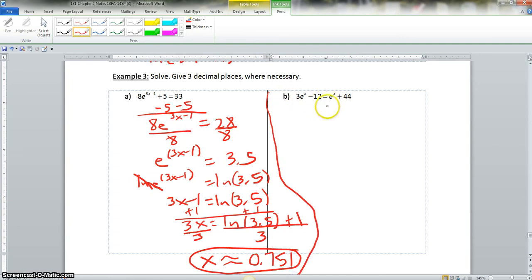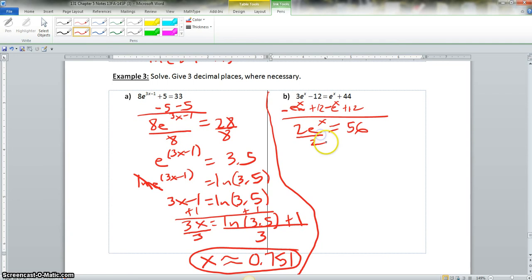Okay, so what I would do is I would subtract e to the x on both sides. And then I would add 12 on both sides. So 3e to the x minus e to the x is 2e to the x. And that equals 44 plus 12 is 56.